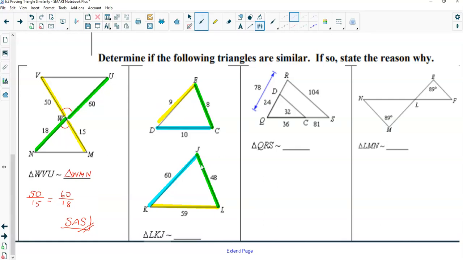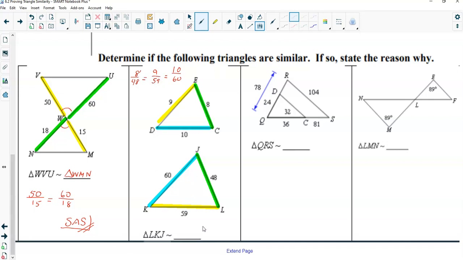So 8 is to 48, green to green, as 9 is to 59, as 10 is to 60. Well, this is 1/6 right here, and I'm pretty sure that that's not 1/6.